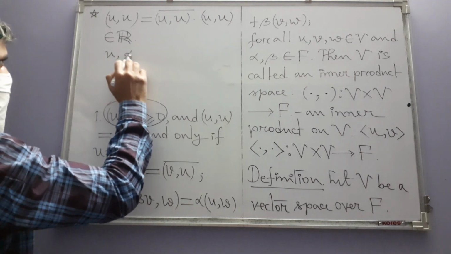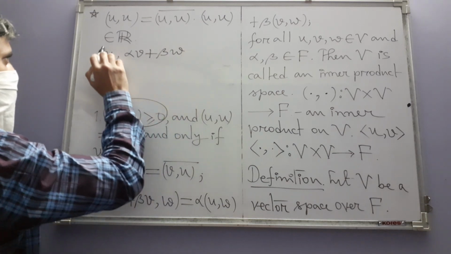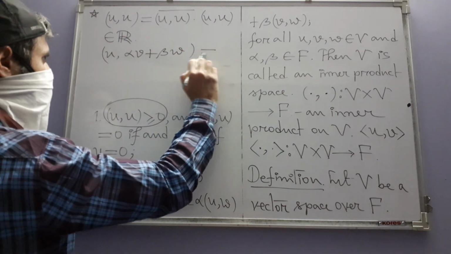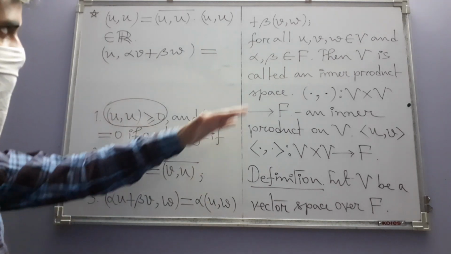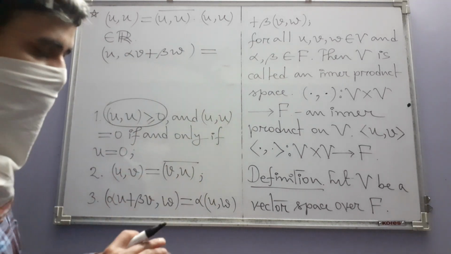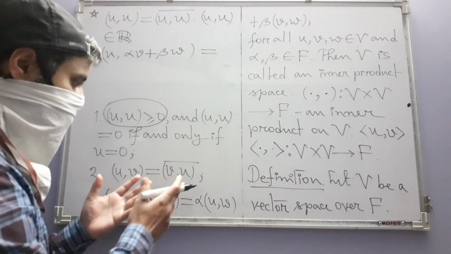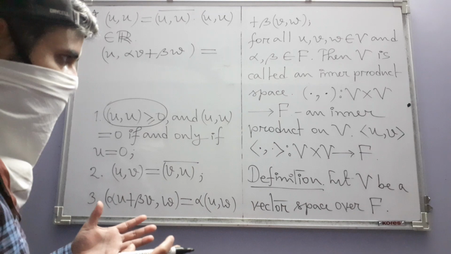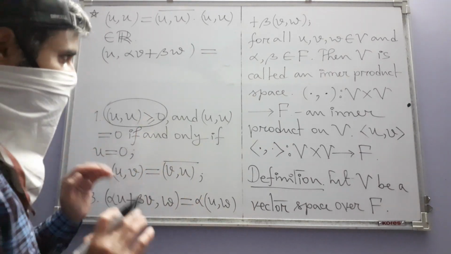U comma alpha v plus beta w. Let us try to calculate this using only these properties, because that's all we have. We don't really know what v is, what the set V is, or in fact what the actual inner product function is. It may be anything, any function satisfying these properties.